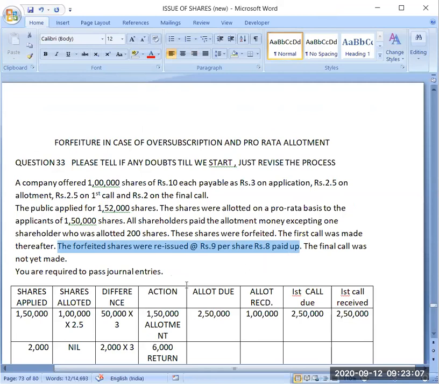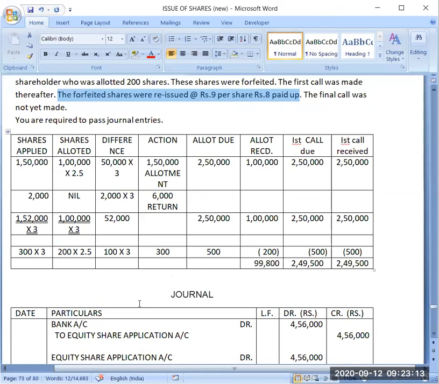Now, there are some queries there. First, wait. Explain the calls amount. What is the confusion in the calls amount? You tell me. See, we have forfeited 200 shares, and we have forfeited them just after the allotment. Then no money will be due from them on the first call.